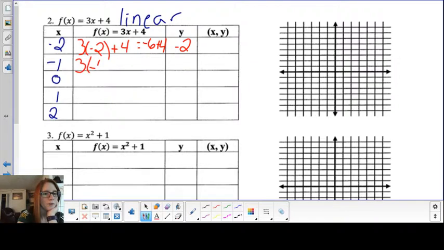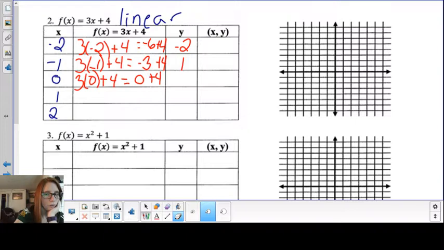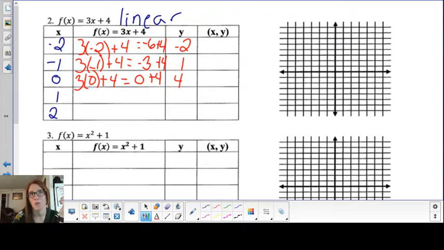So I have 3 times -1 plus 4. -3 plus 4, which is 1. Then I have 3 times 0 plus 4. 3 times 0 is 0. 0 plus 4 is just 4. I was thinking plus 4 and I was about to write plus 4.